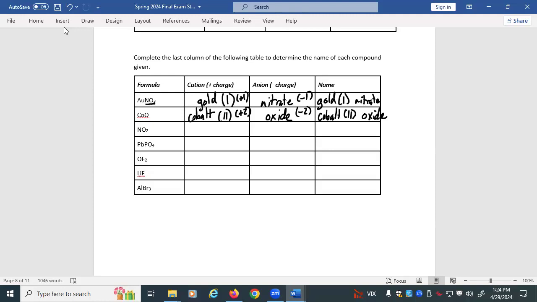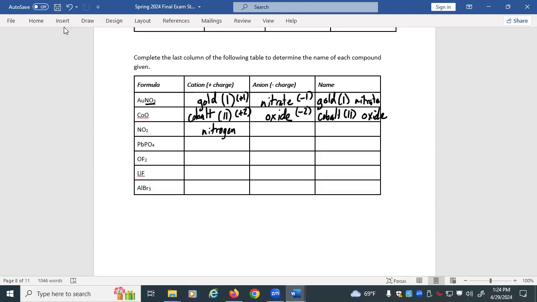Okay, let's do a covalent example. Let's do NO2. So here, since we have the formula, we just need to look at it, identify the elements, put on the proper prefixes. So the first element is nitrogen. And there's only one nitrogen.